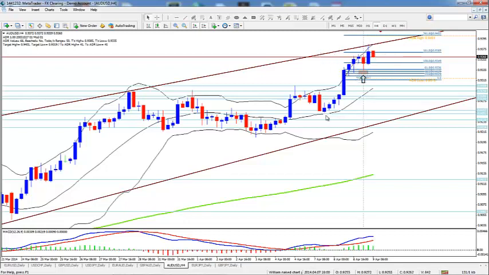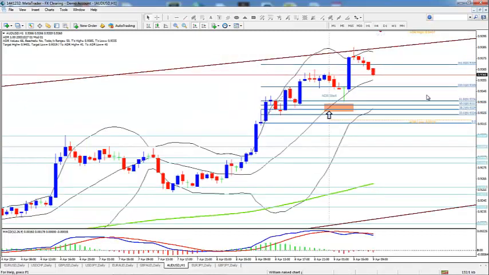We're coming into this channel that we put on the daily chart, and we're coming up to the top of that channel, which actually is at 94.02. So that's confirmation of the daily. Let's go to the 1-hour chart. The 1-hour chart is pulling back and is coming back down.